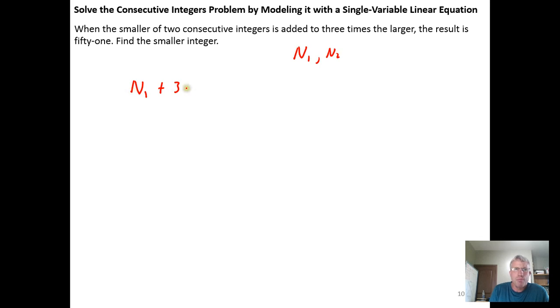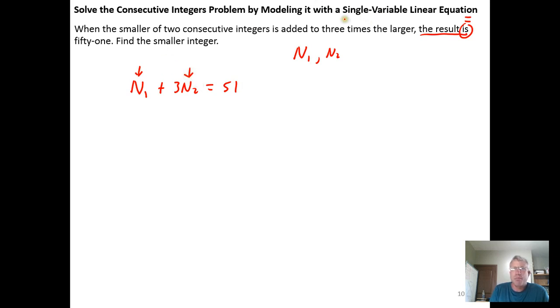So n sub 1 plus 3 times n sub 2. The smaller is added to 3 times the larger. The result is 51.